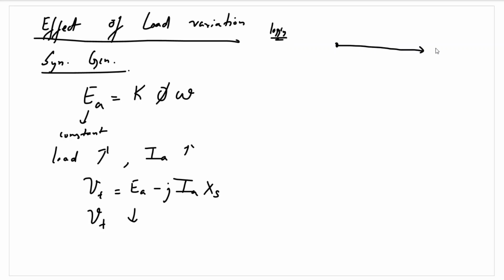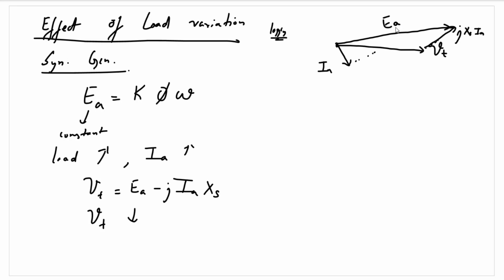This is VT initially, this is IA. That means j times XS IA will be parallel to this line. So this is EA.